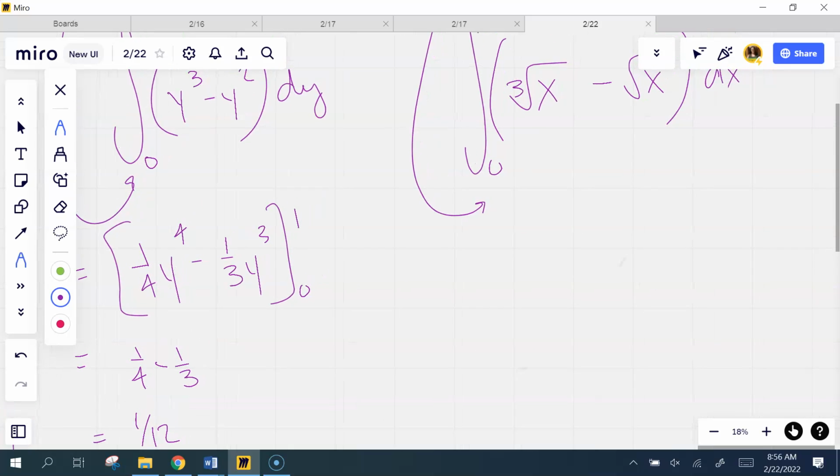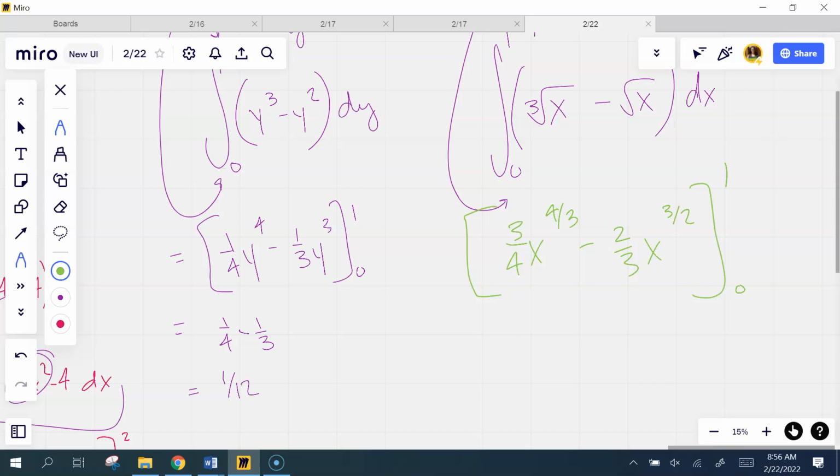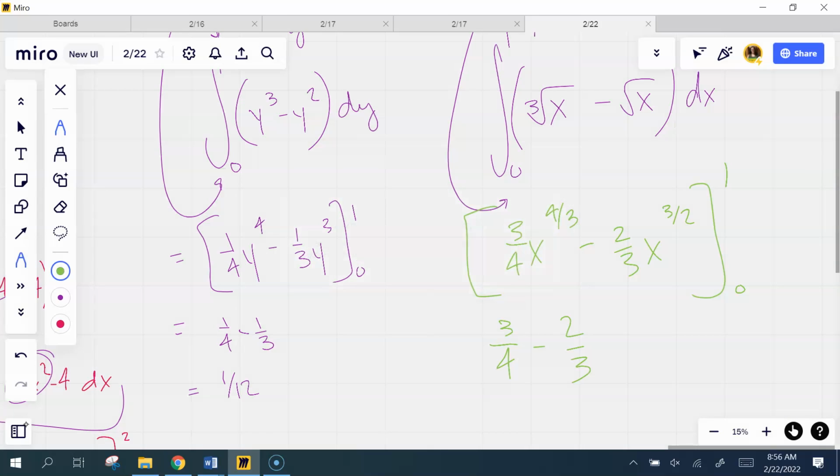And just to show you that it works out the same if you do it with x: 1/3 x to the 1/3 would be 3/4 x to the 4/3, right? Minus a half plus 1 is 3/2, so that would be 2/3 x to the 3/2, and I'm going from 0 to 1. 3/4 minus 2/3, which I hope is 1/12.